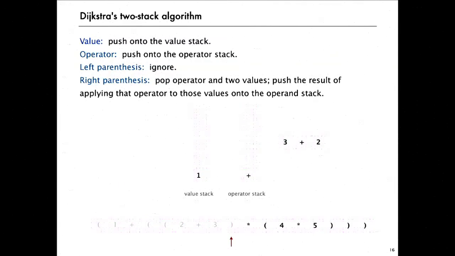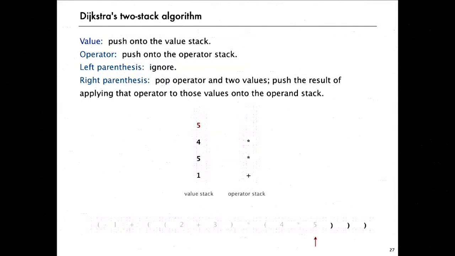So we take off the top two things, we do the operation, and then we put the result onto the value stack. That's the right parenthesis. Now, continuing along, we put a star on, left parenthesis we ignore, 4 on, star, 5 goes to the value stack.